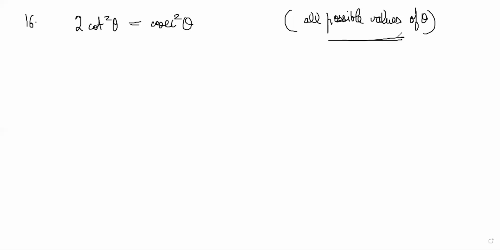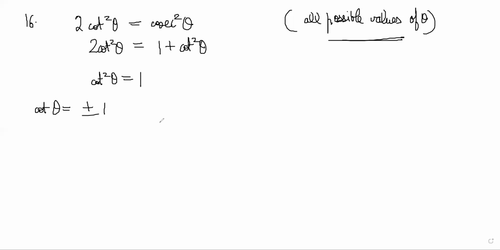What is the identity? Cosec square is 1 plus cot square theta. Okay. So that becomes this cot square theta is this. So you get simply cot square theta is equal to 1, right? So cot theta could be plus or minus 1, right? So I don't know a general answer for cot theta, but I know a general answer for tan theta, right?